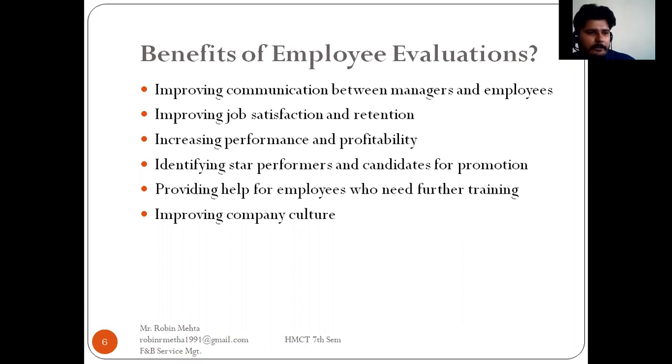They discuss their goals, or they discuss their problems with us, like, I can't achieve this, why, what do I have to do to achieve this type of appraisal or appreciation. So two-way communication improves through employee evaluation.